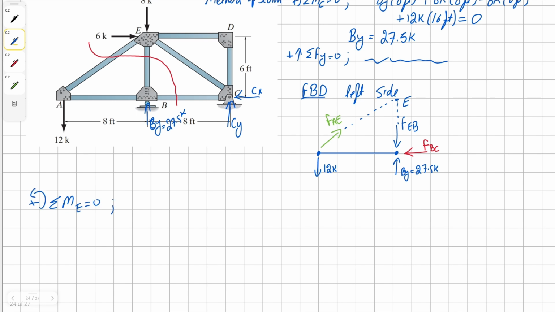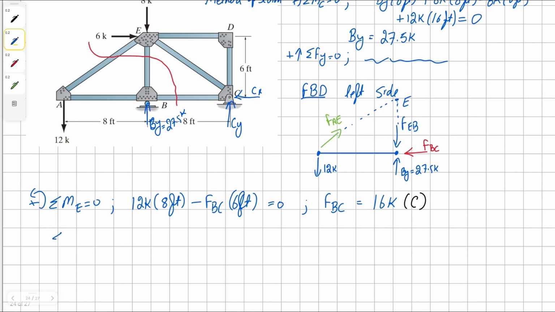So we're going to have counterclockwise 12K, and it's 8 feet away. And then we're going to have clockwise force BC, 6 feet away from E, all equals to 0. Solving for BC, we get our solution as 16K, and this member is going to be in compression.